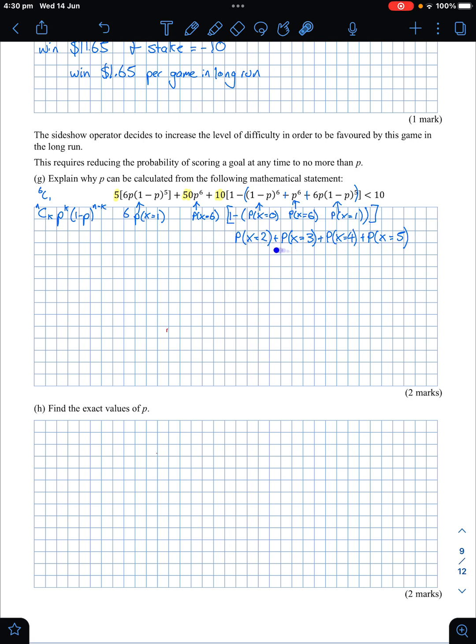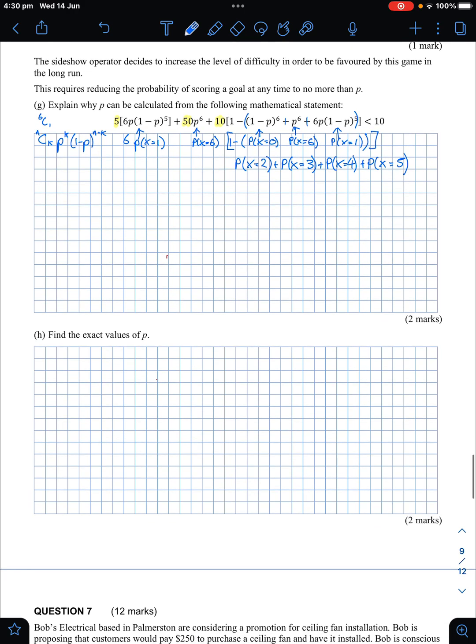We've got every value here. Now, the probability x equals 0 isn't here because you make no money. So this statement here, taking that out, is the expected value of y. So explain why P can be calculated from the following mathematical statement. This is the expected value of y.